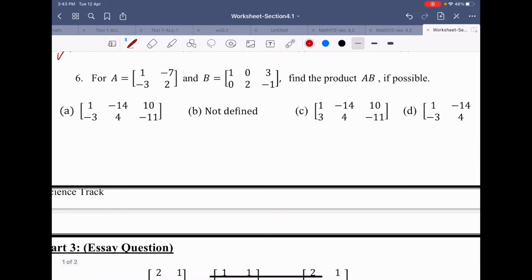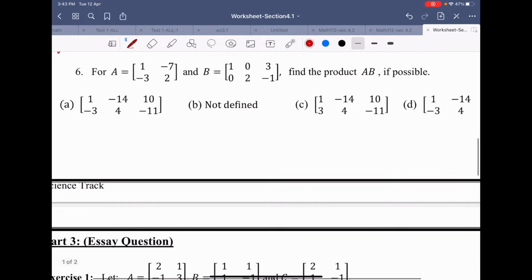For A and B, find the product AB if possible. First, let's see if it's possible. We know that A is 2 times 2 and B is 2 times 3. Since the number of columns in A matches the number of rows in the second matrix, yes, we can find A times B. Now let's find A times B. First, I will take the first row in A and multiply it with the first column.